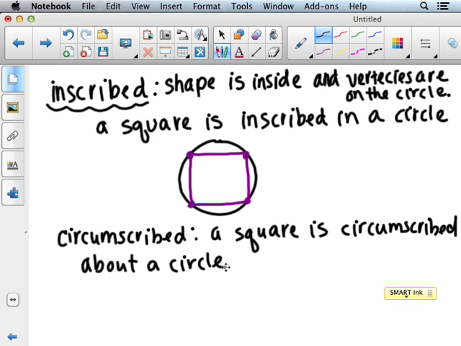So that would look like this. Here's my square, and this time we have a circle that touches the edges of the square. So you can say the circle is inscribed in the square, or that the square circumscribes the circle. So circumscribes means that it's outside, and inscribe means that it's inside.